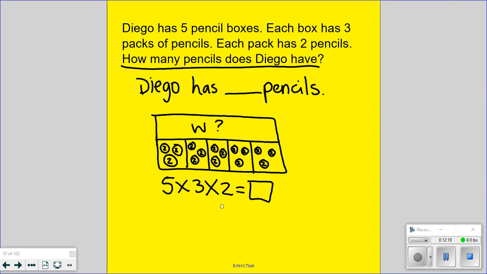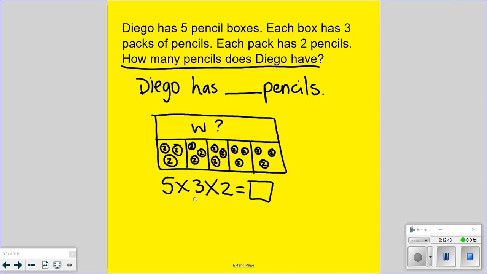No. The 2. What does that 2 mean? How many pencils are in each pack?